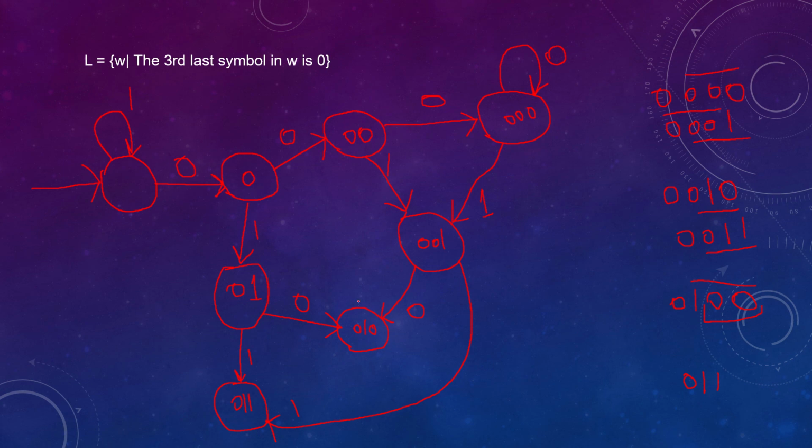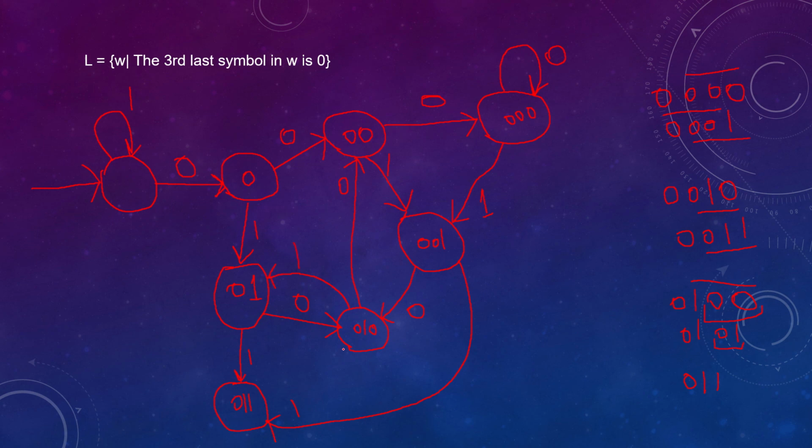So from the 010 for 0, we will go to 00, and if we get a 1, then that will be 0101. So again we don't have any state representing 101, but we have a state that represents 01. So we will go to 01 for 1.